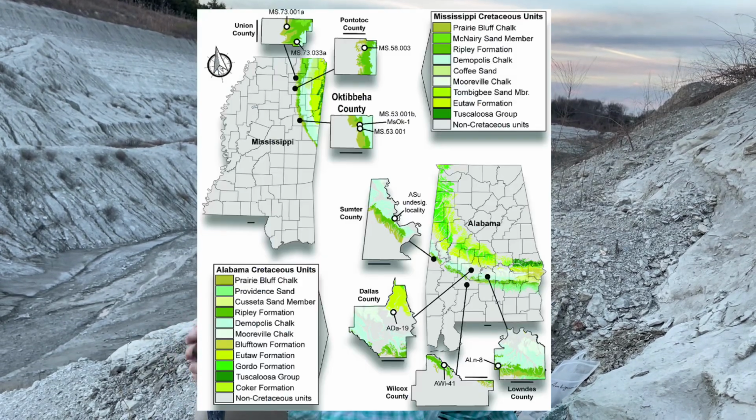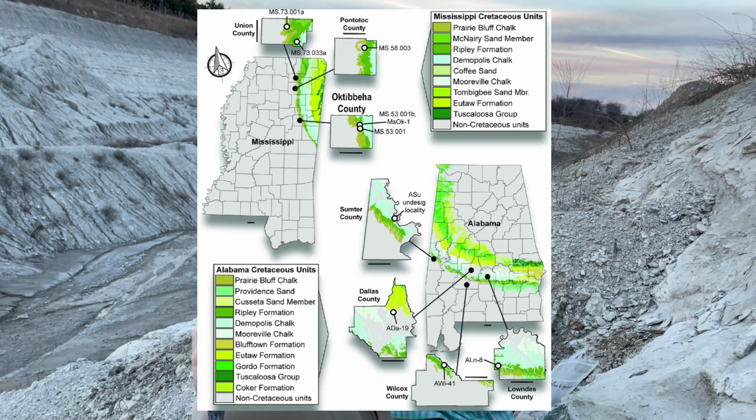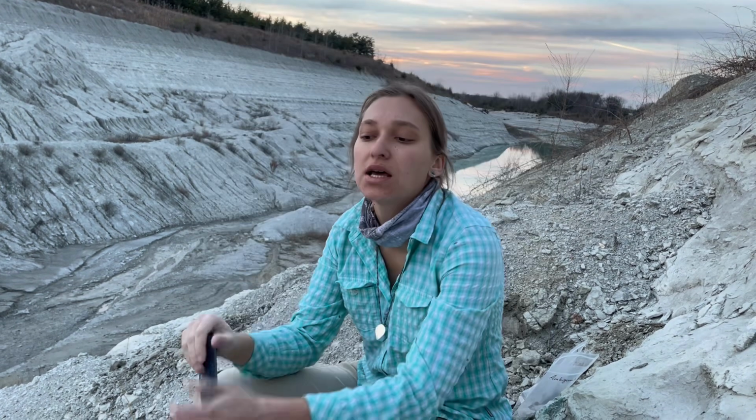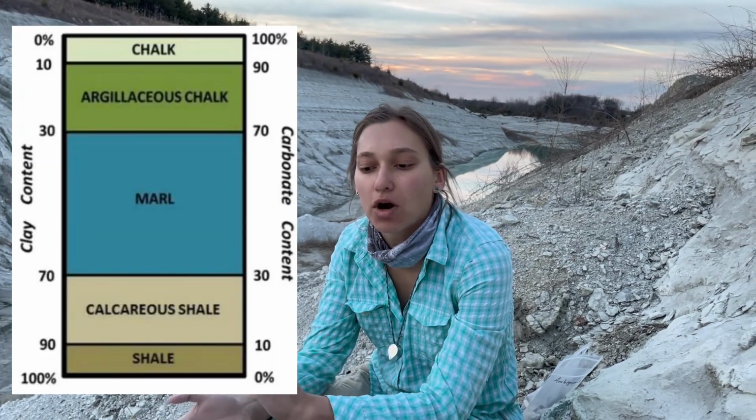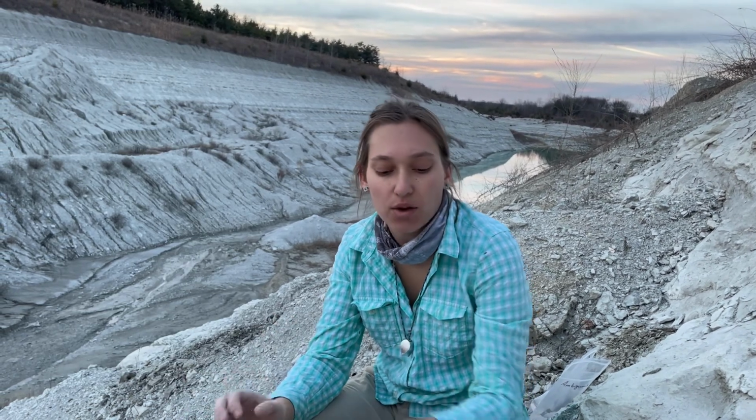So the Demopolis Formation is a local formation in the Gulf Coastal Plain with exposures primarily in Alabama and Mississippi. There are also some sedimentary transitions between chalk and marl, and really what that's getting at is how argillaceous or silty certain layers are as opposed to others.